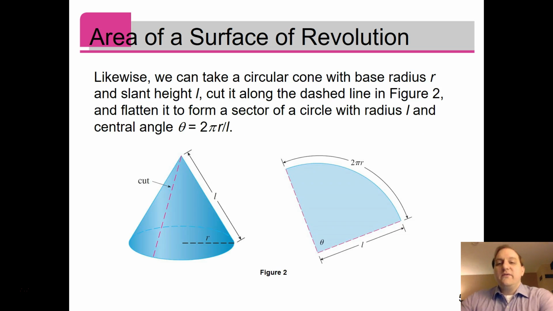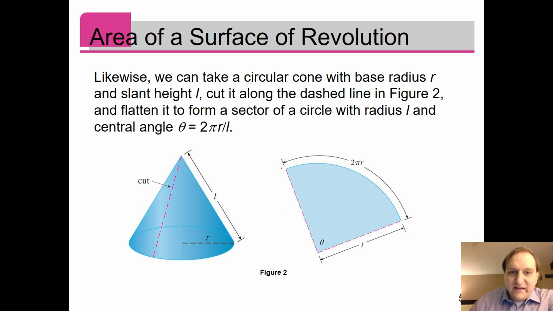Okay, so that was for a cylinder. Cones are a little bit more complicated, but we can get the same basic idea. For a cone, when we cut it and unroll it, we get a sector of a circle. The radius of the circle is L, and L is called the slant height of the cone.